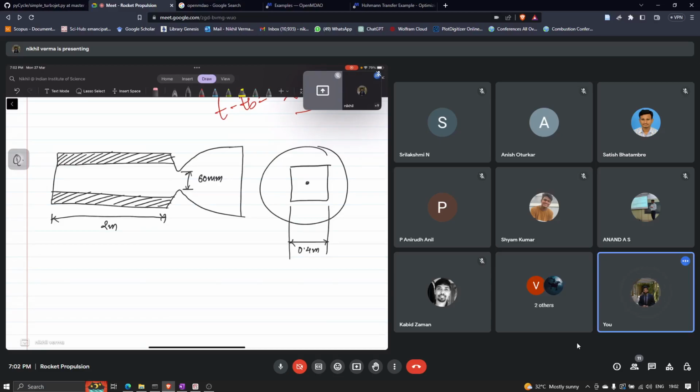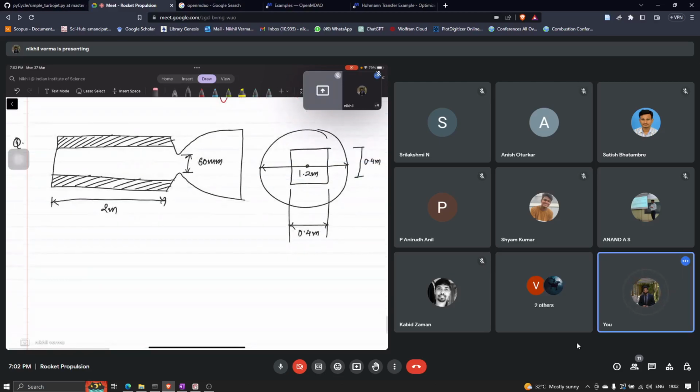The outer diameter is given as 1.2 meters, and this is 0.4 meter.